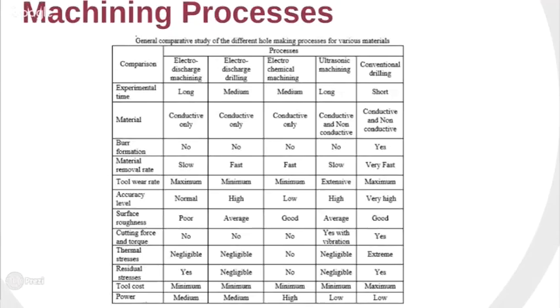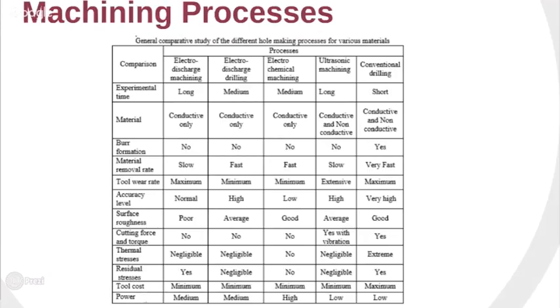You can't afford a component which we are going to machine taking close to 20 or 30 or 40 minutes. You require time to drill a hole within a fraction of seconds, right? That is possible only with the help of conventional machining. Any of the non-conventional machining processes is unable to give you a material removal rate comparable to the conventional machining process.